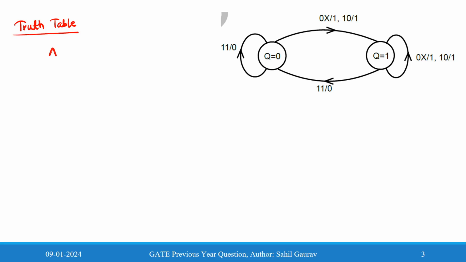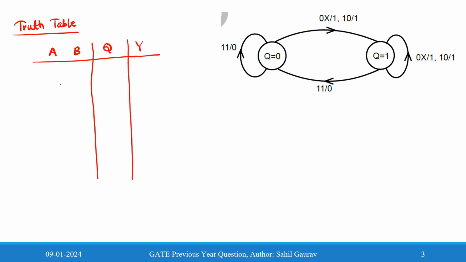A and B are the inputs, Q is the present state, and let's suppose the next state output is Y. When both inputs are 0 0 and we take Q as 0, we can see that it is 0 with don't care condition.